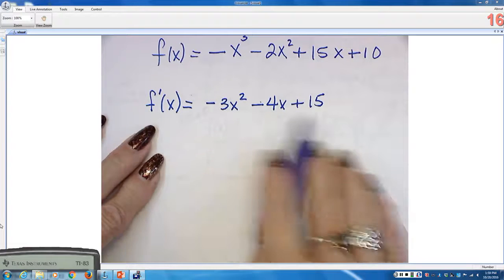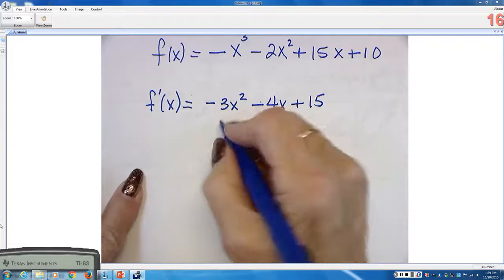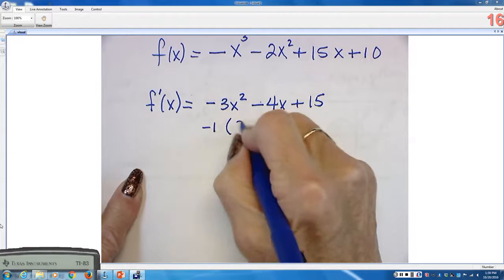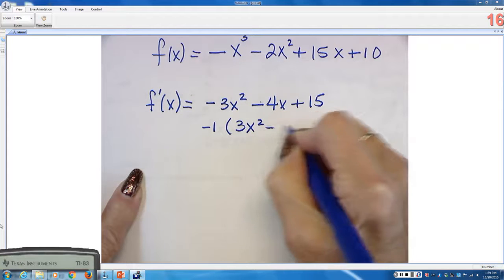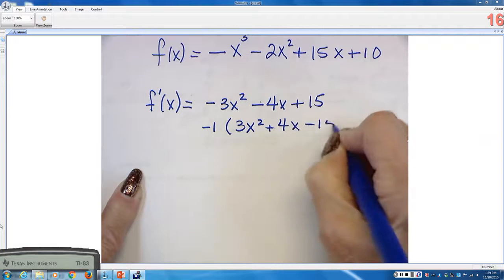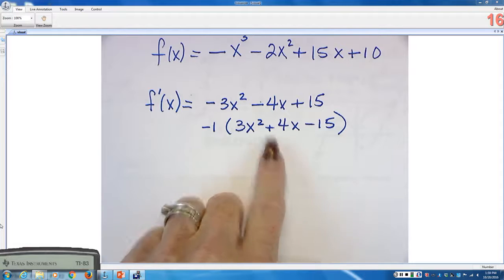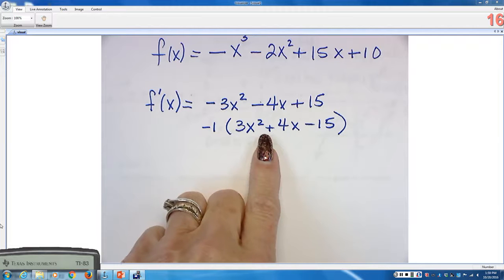And I'm going to factor out a -1 because I don't like to deal with negative leading coefficients. And I could factor this two or three different ways. If it has integer factors, I can set this equal to 0 and find the zeros using the quadratic formula.